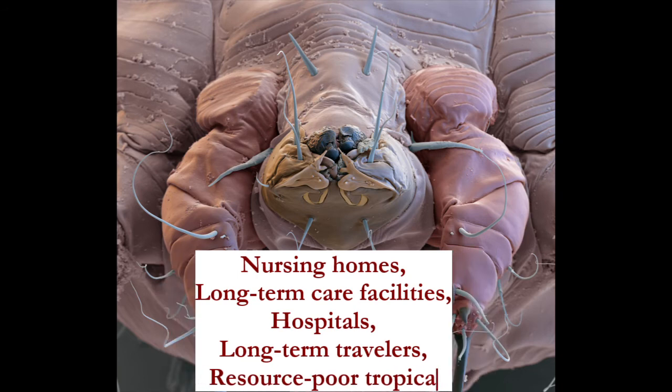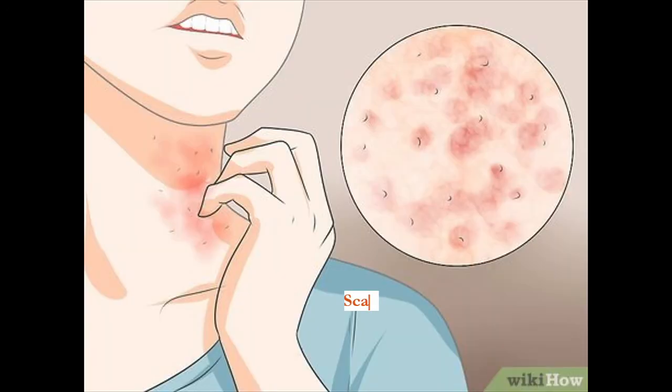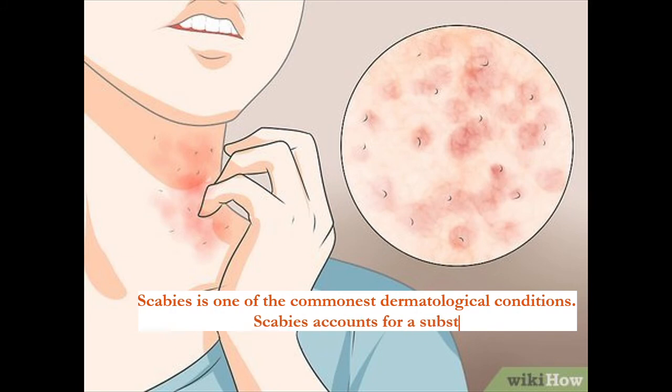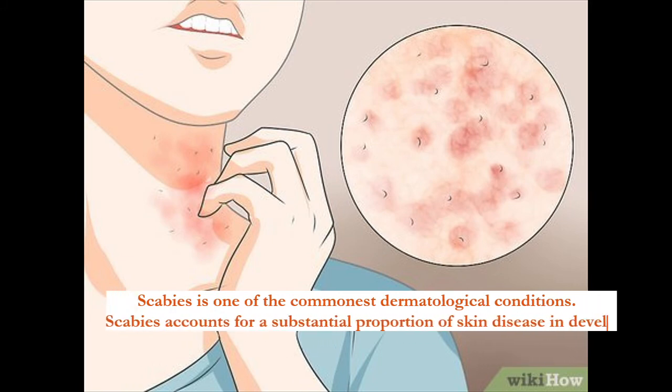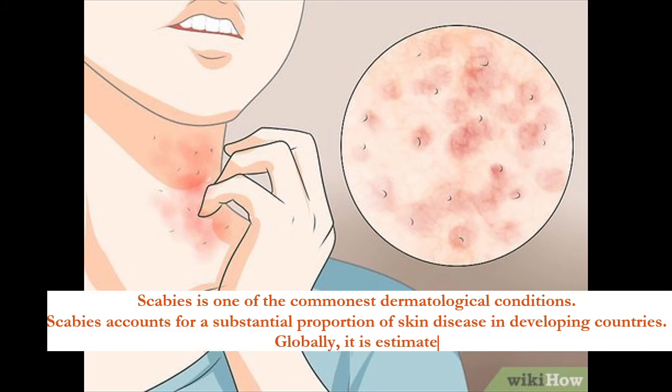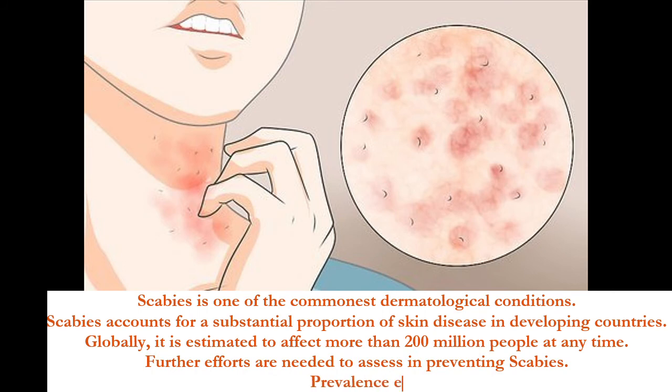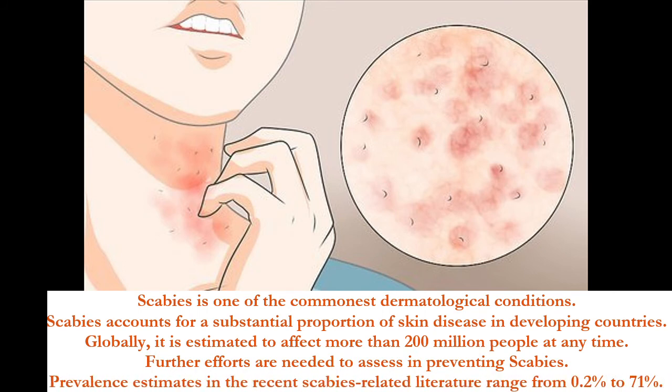Scabies is a parasitic infection, and it can be prevented. Scabies is one of the most common dermatological conditions. It accounts for a substantial proportion of skin diseases in developing countries, as we just mentioned, countries that may be the resource-poor tropical countries.